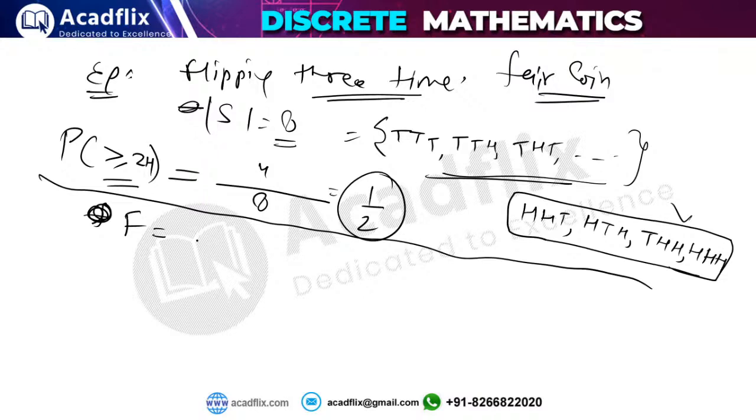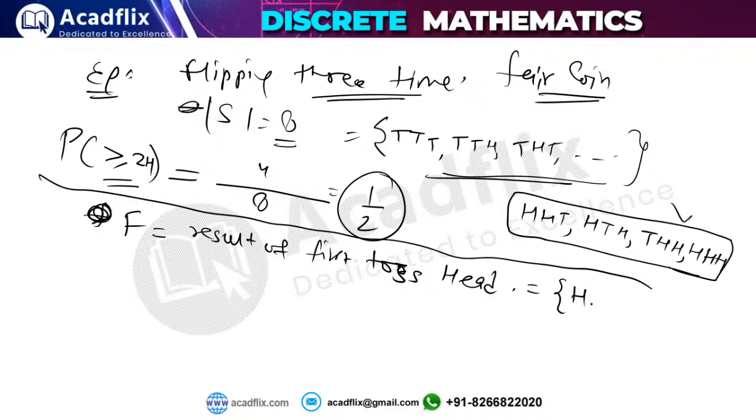So basically I can say the result of the first toss is head. This event F has occurred. Let's assume someone told you that the result of the first toss is head.